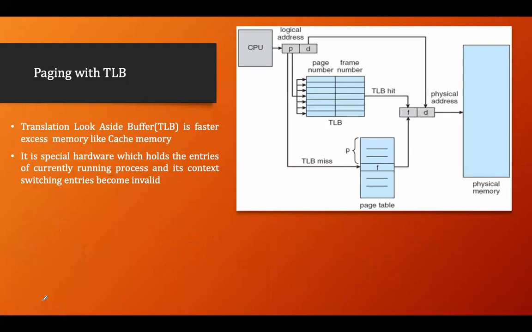Now assume something. Let's see how we can calculate the effective memory access time, or average memory access time, with the TLB, with the hit as well as with the miss. It will be equal to what?